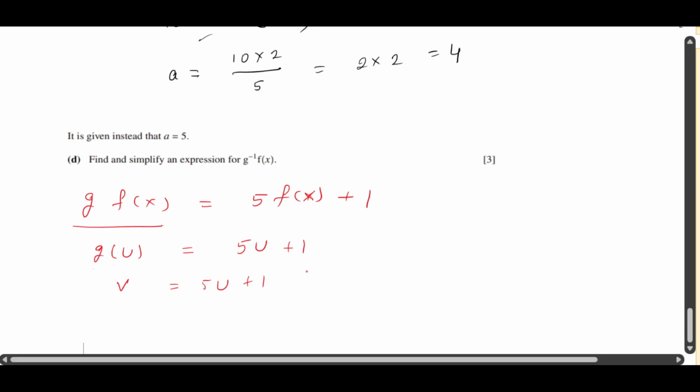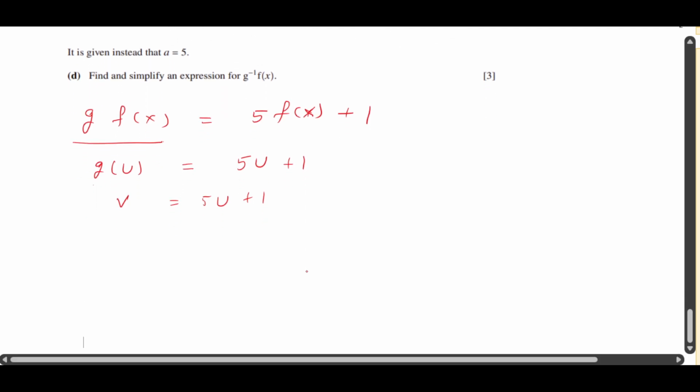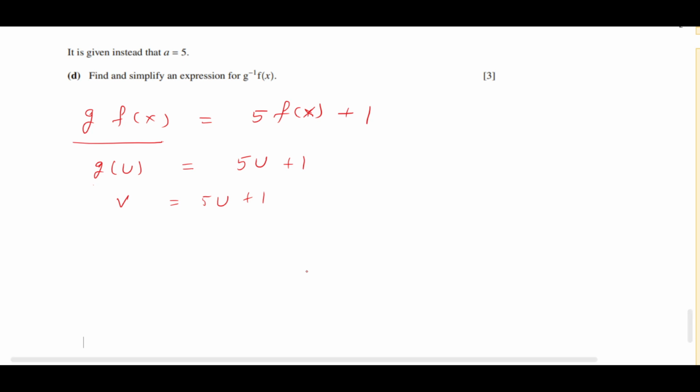Then I have to interchange u and v. There is one method in which you interchange the variables and then again find the value of v only. If I interchange, I have u is equal to 5v plus 1, and now I find v. So it is (u minus 1) divided by 5, which is v.